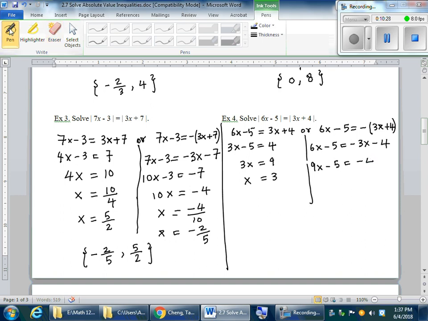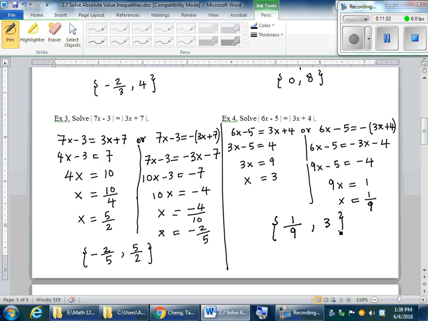Then add 5 to both sides, which is 9x is equal to 1. And dividing both sides by 9, that gives us 1 over 9. So my answer is 1 over 9 and 3. So that is solving equations.